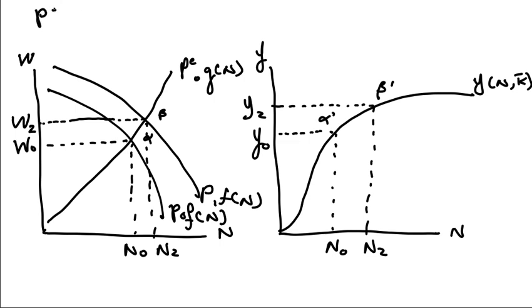So when expected price is adjusted to be increased, that means expected real wage, which is given by the nominal wage divided by expected price, will fall. This also means the purchasing power of households is falling.